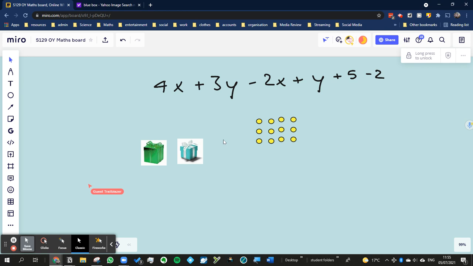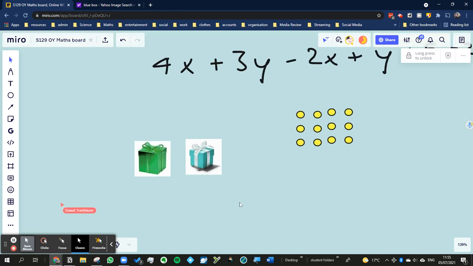And then these boxes, they have an unknown amount of circles in them. We don't know how many circles are inside these boxes, but we're going to call this box here X, and we're going to call this box here Y. Okay.